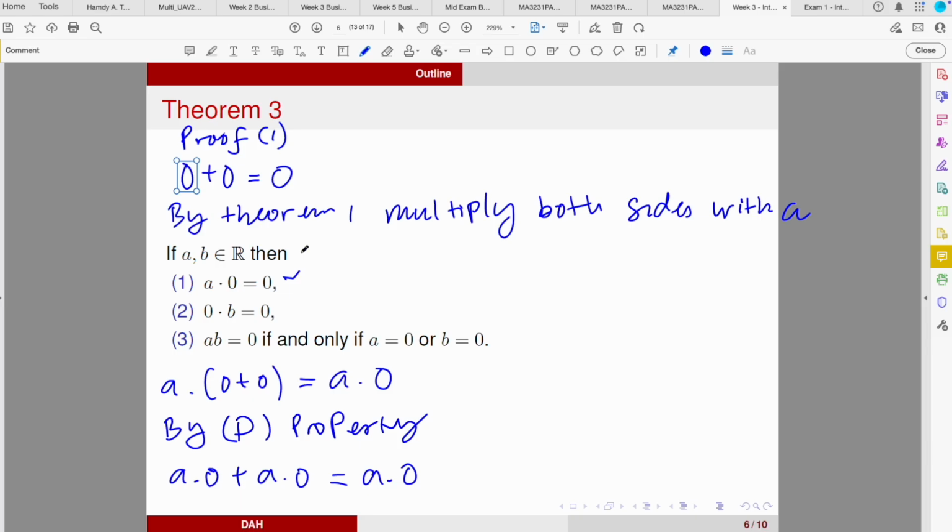But there is another way, it's not the only way. You can think of that. But you do not know subtraction yet. There is no subtraction yet. What you only know is the axiom. Subtraction is not discussed yet, only after next week.